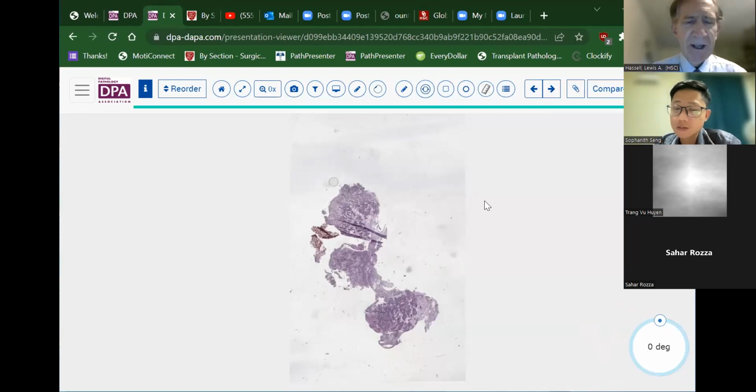This is a nasal mass in a middle-aged individual. It's a little bit unusual that they would send this for frozen section, except I think that they wanted a little bit of direction in terms of what additional workup needed to be done with the sample.